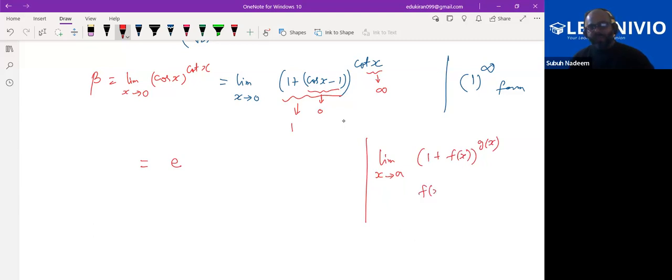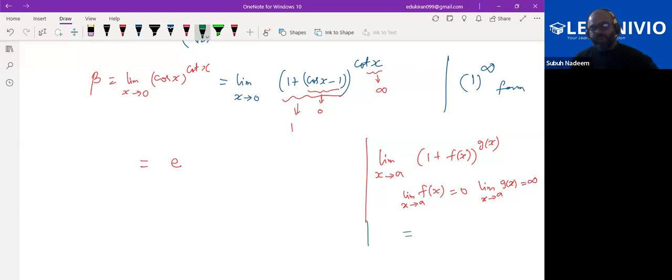And fx, limit x approaching a fx is 0 and limit x approaching a gx is equal to infinity, then in that case, this is 1 plus 0 to the power infinity.